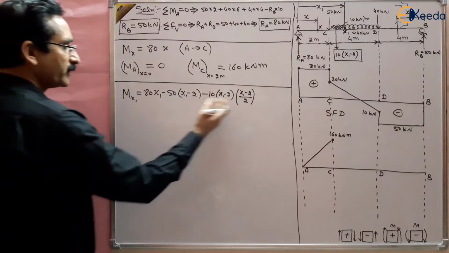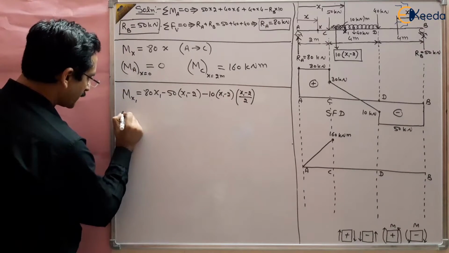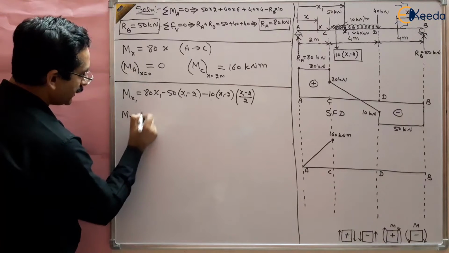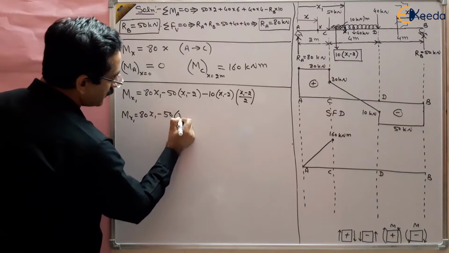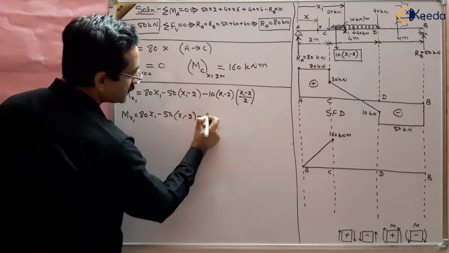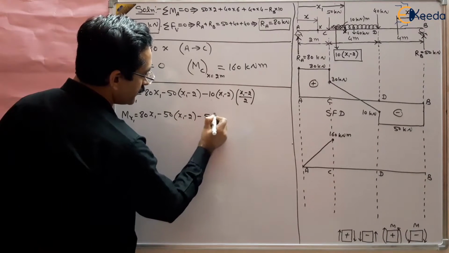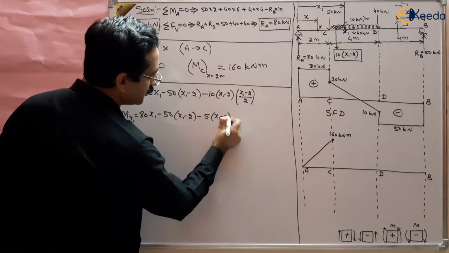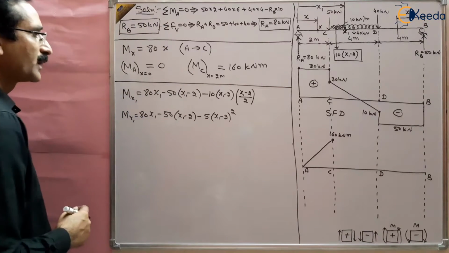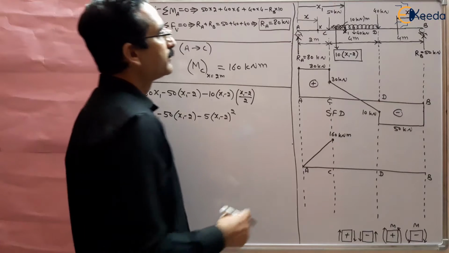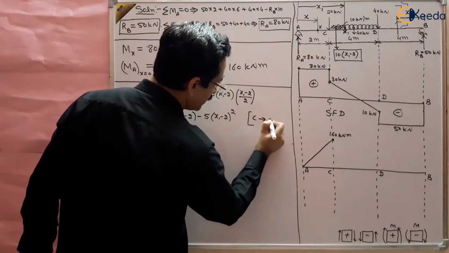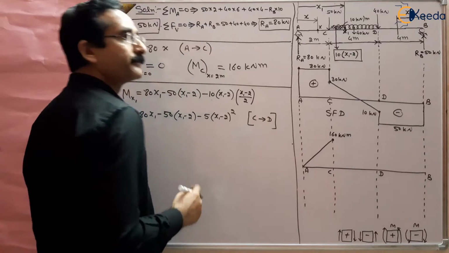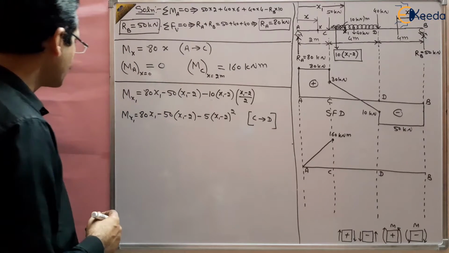So you can further solve it if you want. Mx1 is given by 80x1 minus 50 (x1 minus 2) minus 5 (x1 minus 2) whole square, right? And this is valid between C to D. This equation is valid between C to D, right?